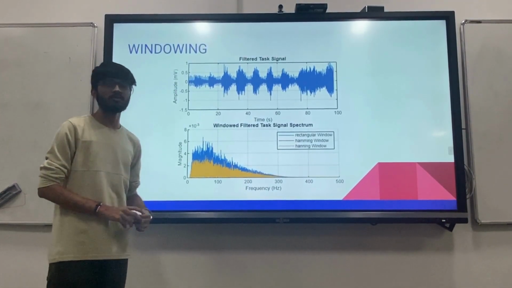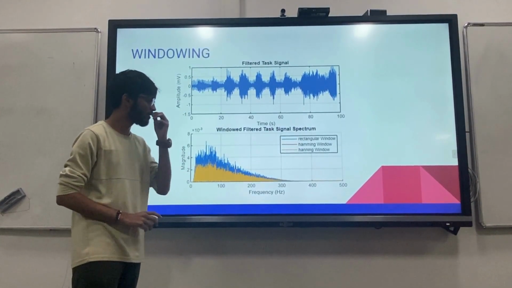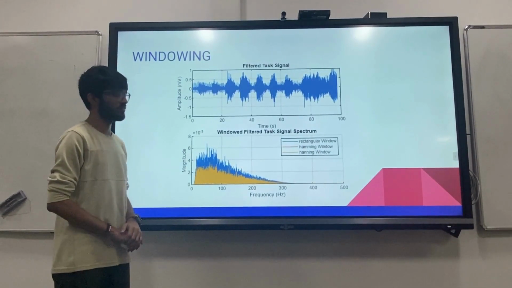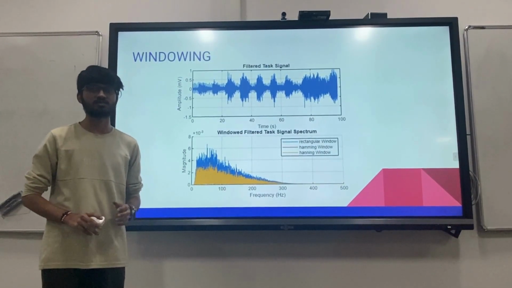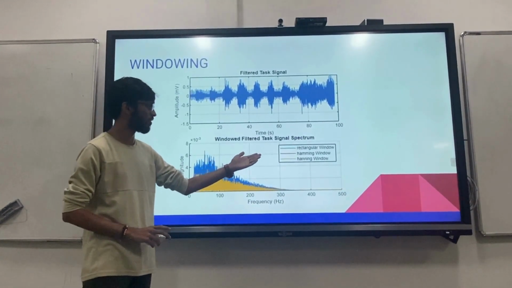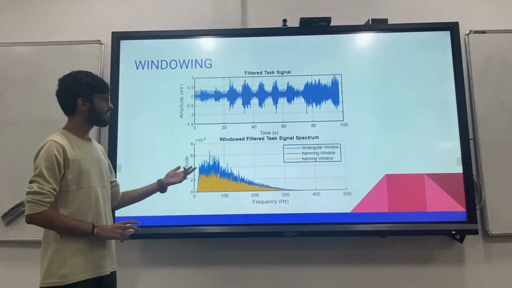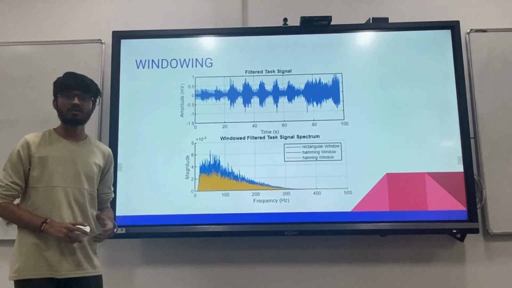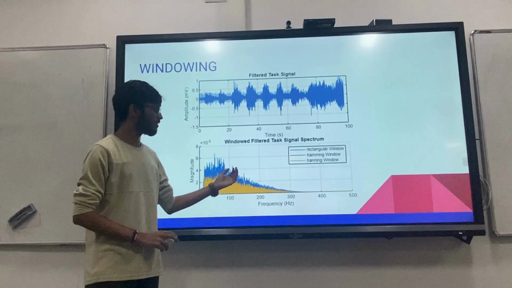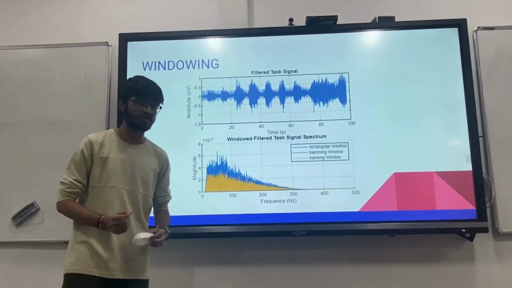A rectangular window is a basic rect function which is used to perform the windowing. The attenuation it provides is normally just around 22 decibels, which is the lowest amongst the three windows that we have used. Hamming and Hanning windows provide a greater attenuation, and they also help in the removal of the boundary discontinuities.